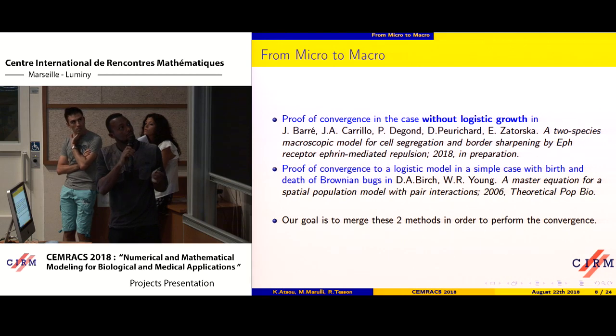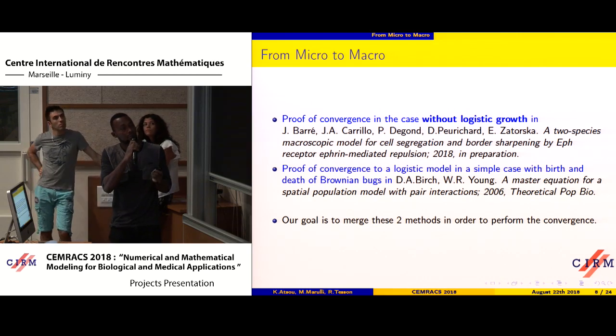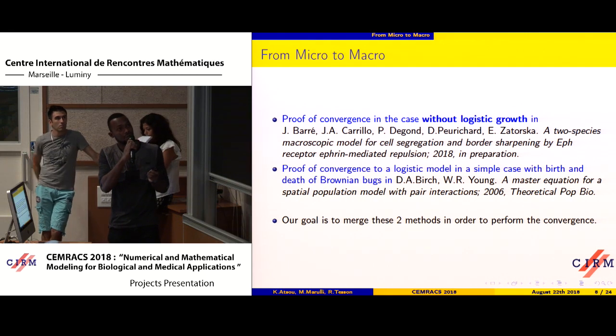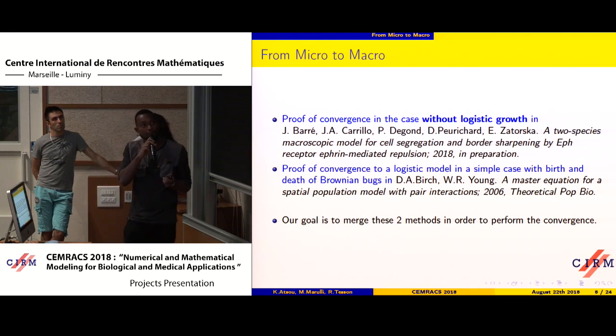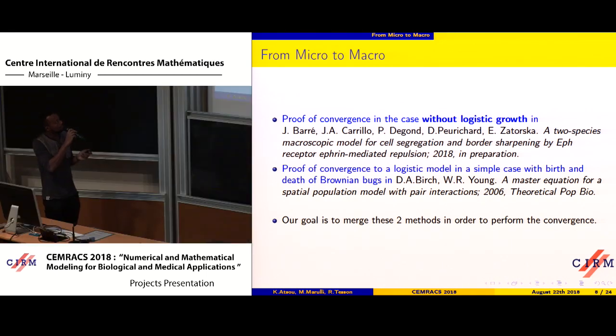And a second proof, which is not linked to our model, has been done in a simple case of Brownian bugs, which are animated by a birth and death process. Our goal in this part of the presentation is to merge the two methods in order to perform the convergence of the model.